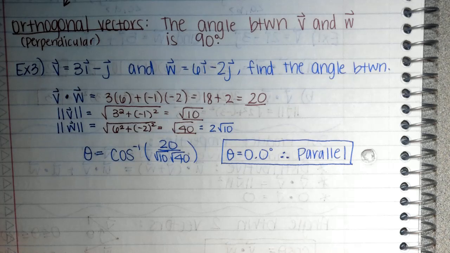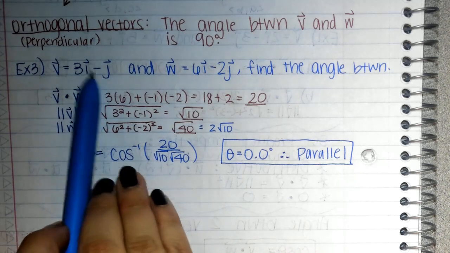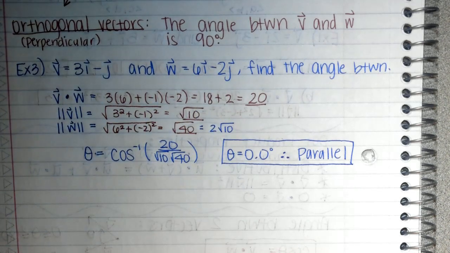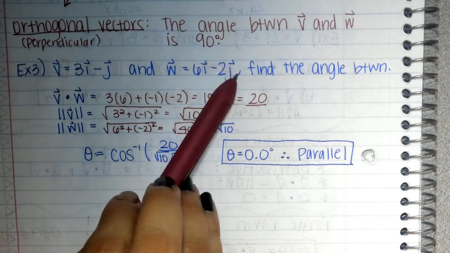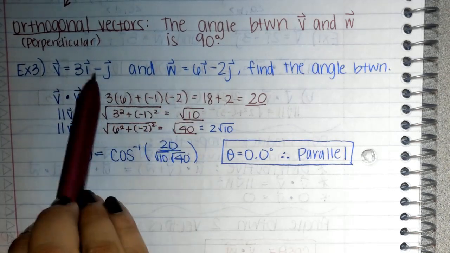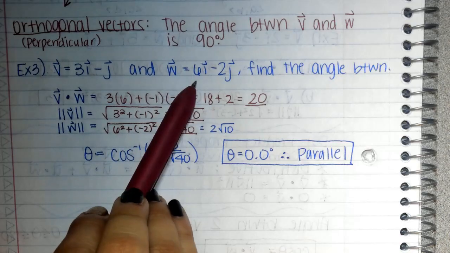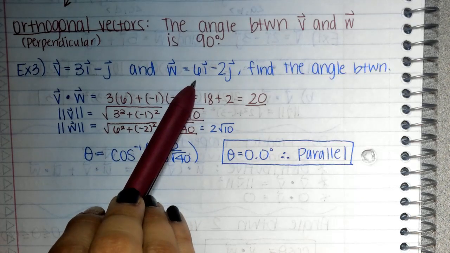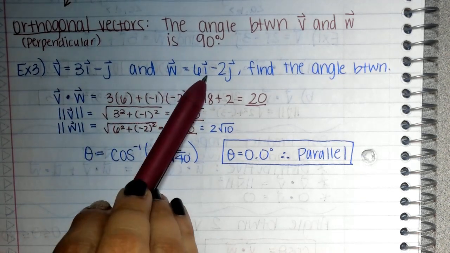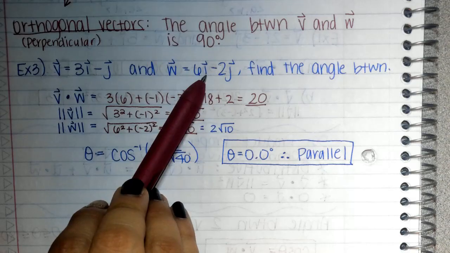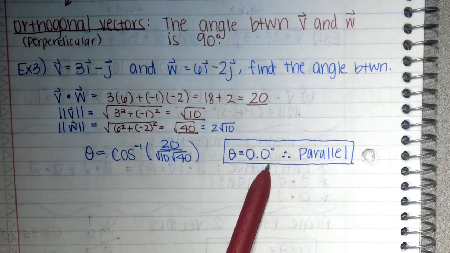Can everybody look up? Can you look at these two vectors? What do you notice about these two vectors? They're proportional. They're just doubled. Do you agree we took these two numbers and doubled both of them? That will always happen if they're parallel and 0 degrees.